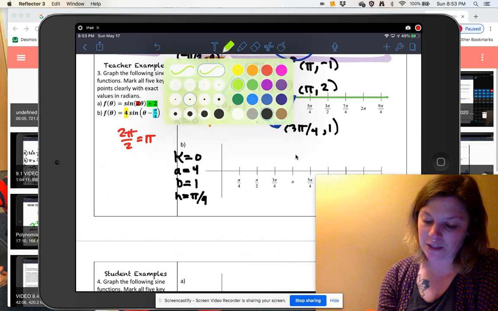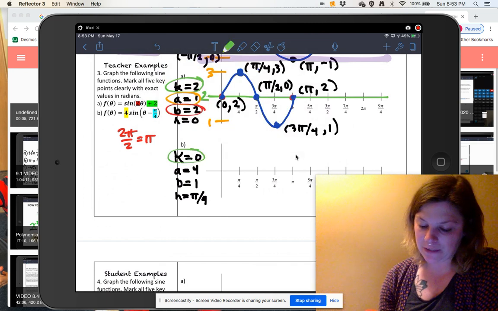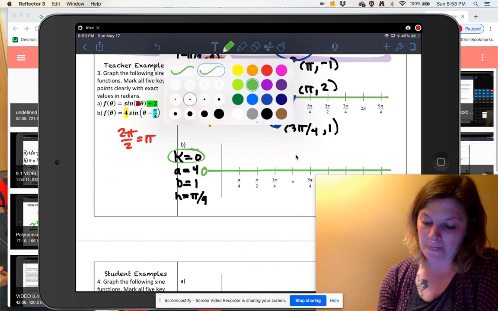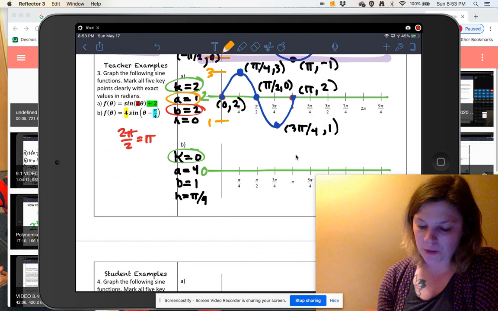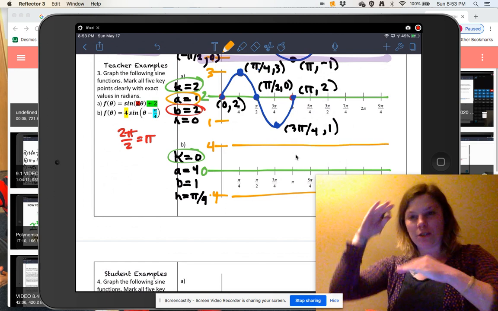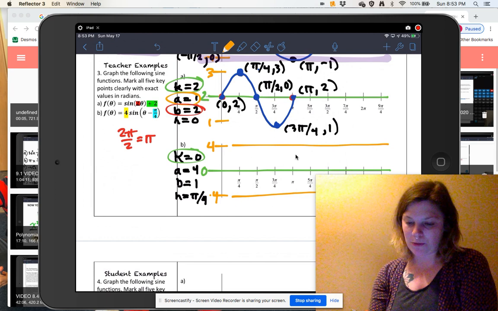Let's go through it, starting with k is 0. Remember, that means our middle line we mark as 0. Our a value is 4, so we have to go up 4 and down 4 from there. And again, I didn't do it on the last one, but sometimes it's helpful to draw little guide lines so that you keep your thing straight.